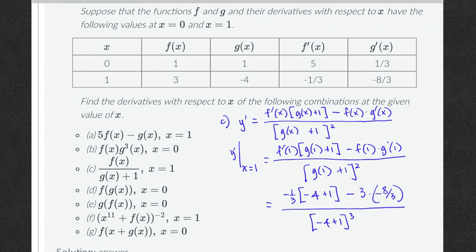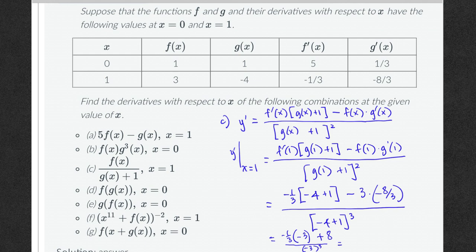Simplifying this, we have negative 1/3 times negative 4 plus 1, which is negative 3, plus negative 3 times negative 8 over 3, which is a plus 8, over negative 3 squared.